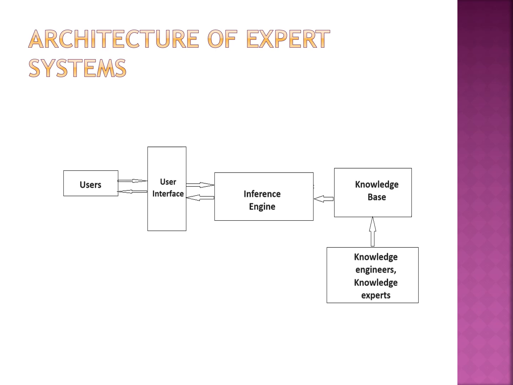And it gives suggestions and recommendations, and explains the answers generated for the query. And we have an inference engine at the central part of this system, which makes use of backward reasoning or forward reasoning to derive conclusions.